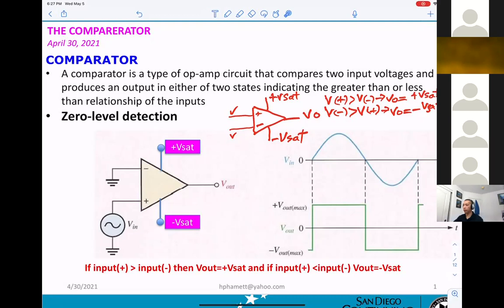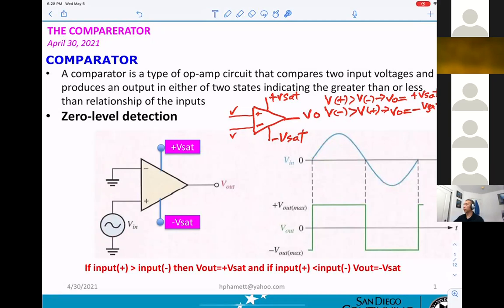Okay, now this circuitry is called a zero level detection. That means they try to compare the signal with the zero, the ground. This is the zero, and this is the signal they want, so that's why they give you the sine wave right here.